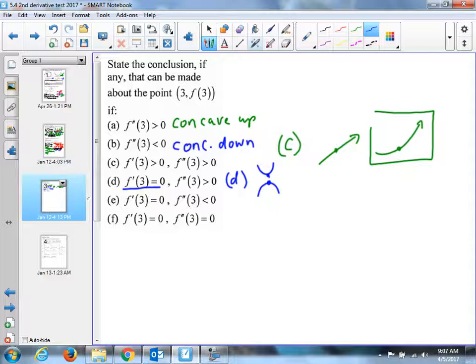Which one is it for D? It's concave up because it's positive. So we have a minimum at f of 3. So we could say about that point 3 comma f of 3, it's going to look like this. This is how specific we can get.